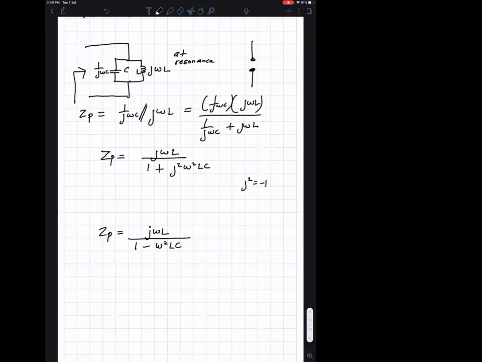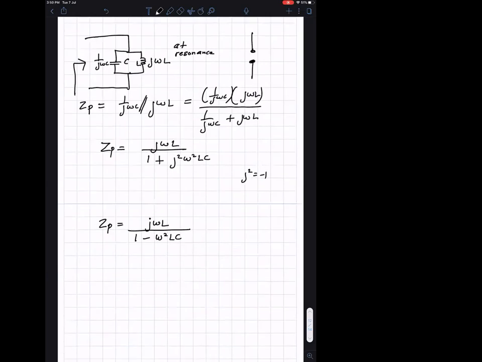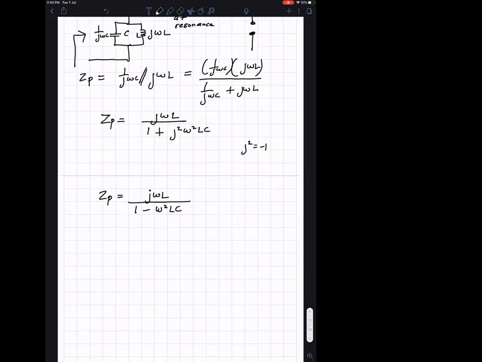So you will try to find what omega value will make this an open circuit. Can you do that? Because I don't know how to do it.